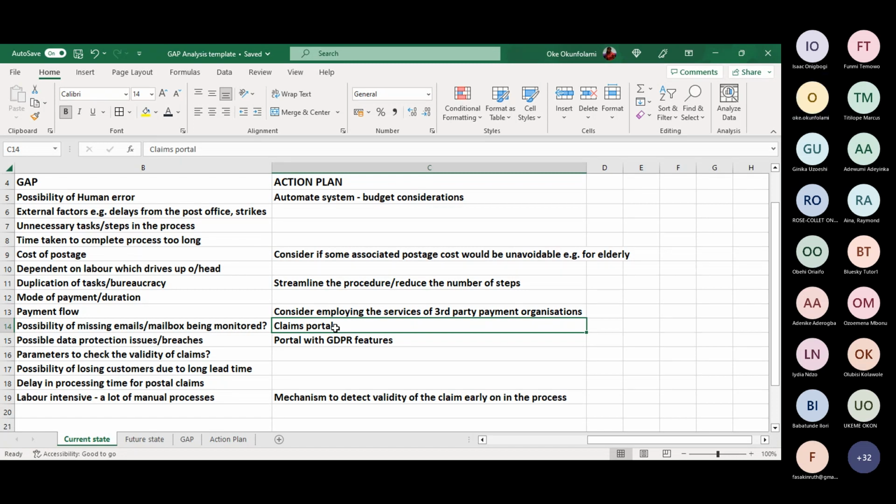So these things that we put here, we will not take them away; we will start discussing them with our teams and say, what is the best way forward? But at the very least, you come away from this exercise having an action plan that you can build upon.